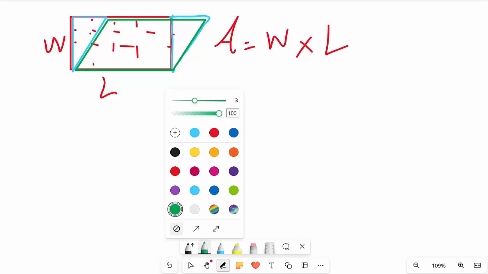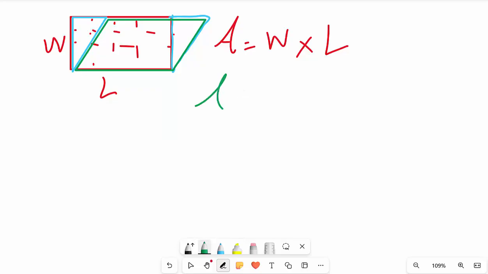The area of this resulting parallelogram will be equal to the area of the original rectangle.